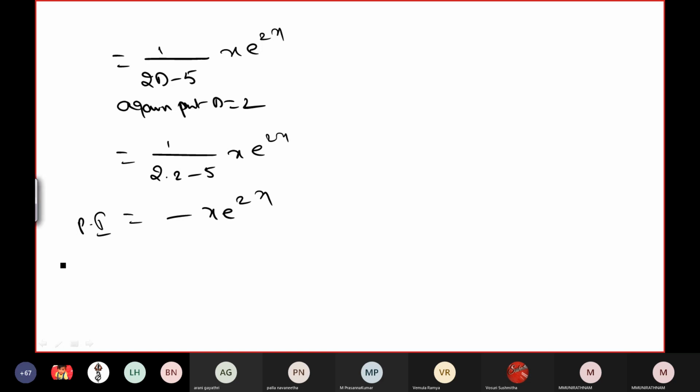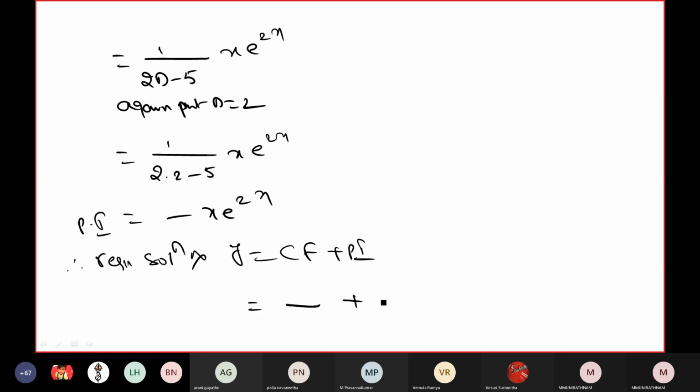Anyone? So therefore required solution is y equal to CF plus PI. CF అంటే రీప్లేస్ చేయండి, PI అంటే ఓకేనా?